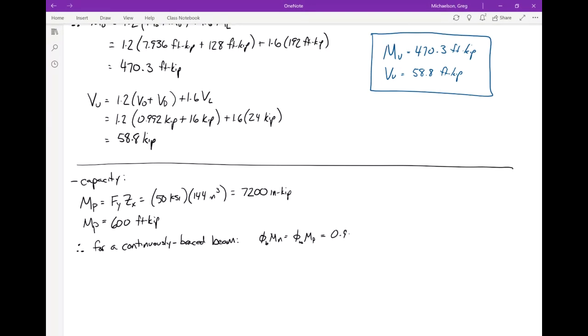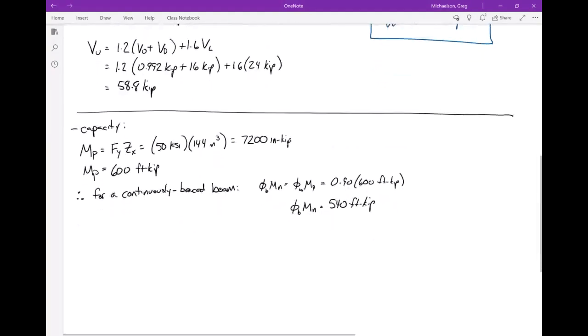So 0.9 times 600. And so phi Mn is 0.9 times 6, or 6 times 54, so that ends up being 540.